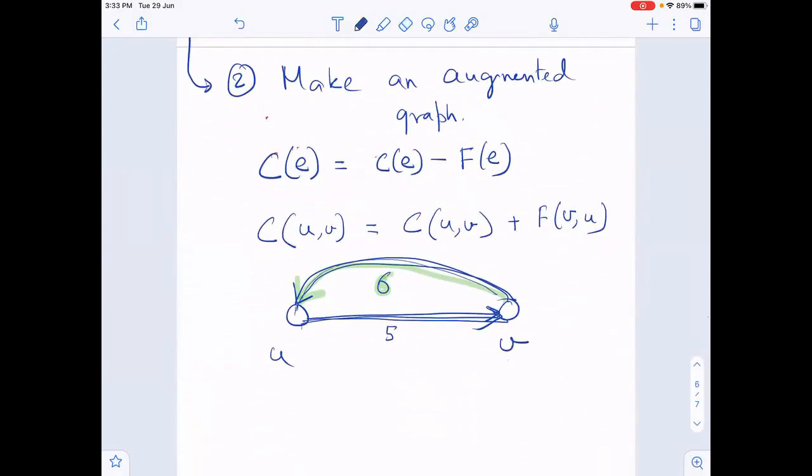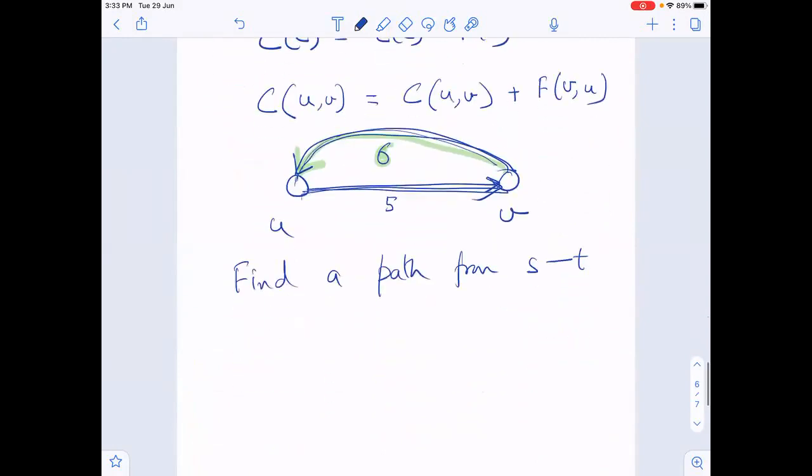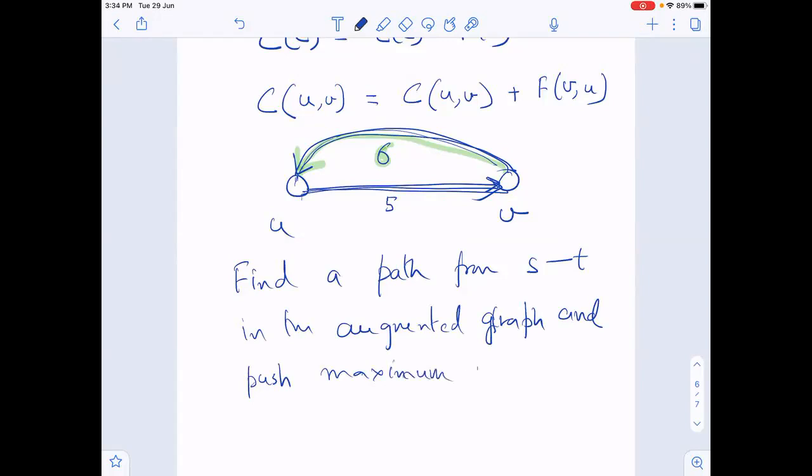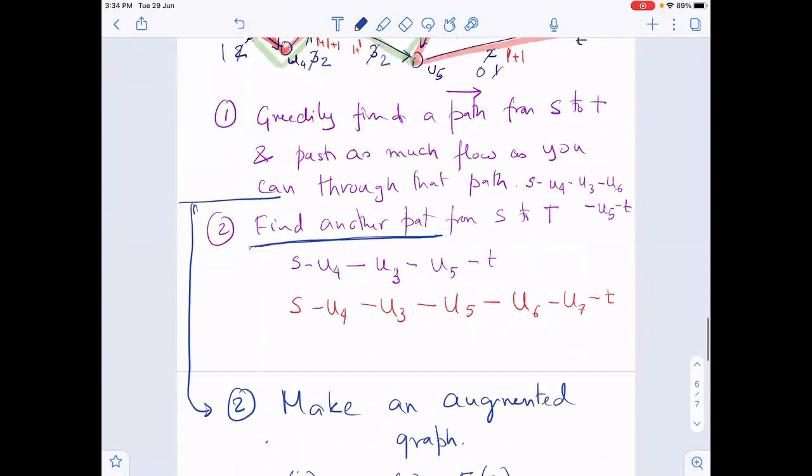Once you have done this, you can find a path from S to T in the augmented graph and push the maximum amount possible through that path. Okay, and update. And you keep on repeating these two things.